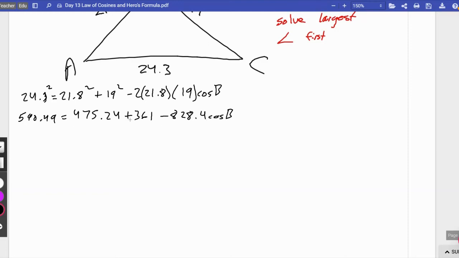So you can add these two, which is 475.24 plus 361, and we get 836.24 minus 828.4. Just rewriting it.